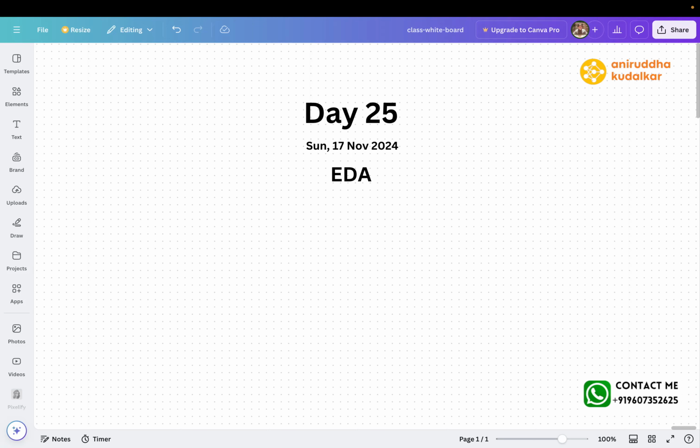EDA focuses more narrowly on checking the assumptions required for model fitting and hypothesis testing. It also checks while handling the missing values and making transformations of the variables as needed.